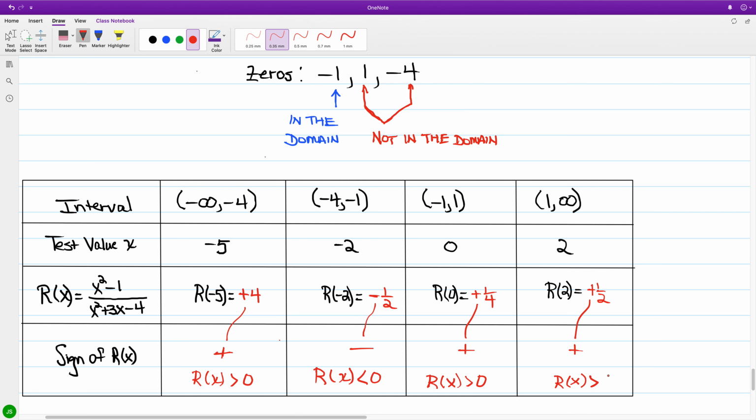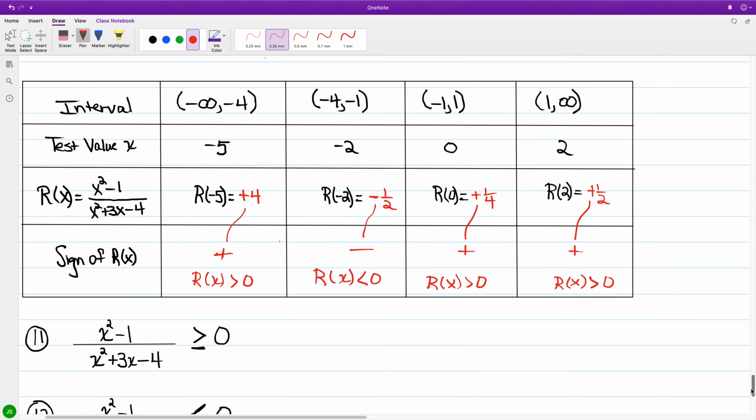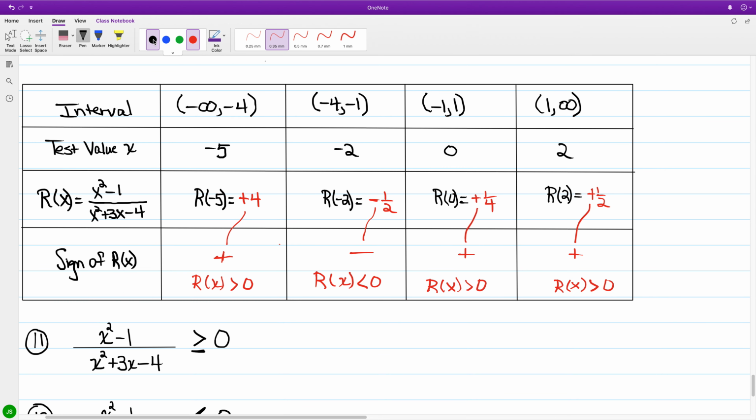Now, for the case of number 11, we're looking at where x squared minus 1 all over x squared plus 3x minus 4 is greater than or equal to 0. So we're looking at where r of x is greater than or equal to 0. For the solution, we'll have just the limits.